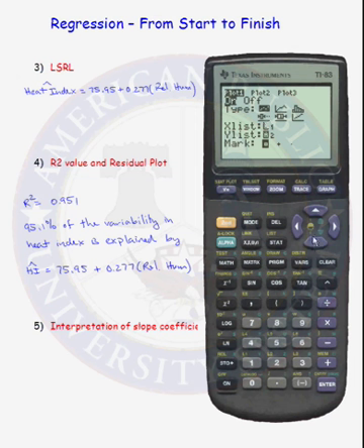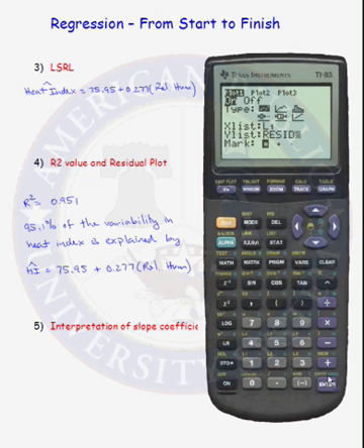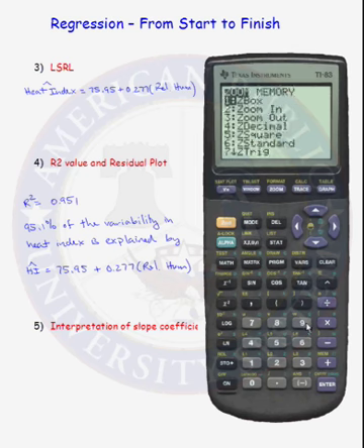Every time we do a regression, the calculator stores our residuals. So let's go find the residuals. Second list, go down to the R's and we see RESID. Hit enter. Now we are going to do a scatter plot of the residuals versus our X data. Zoom 9. There is our residual plot.